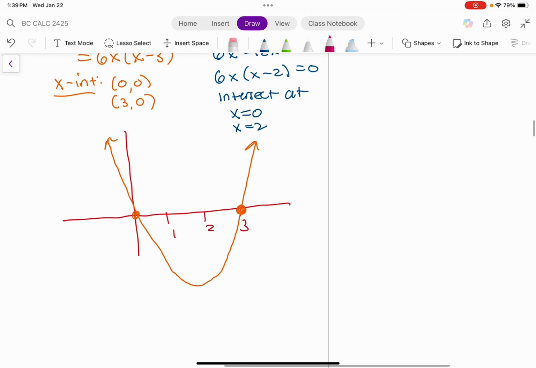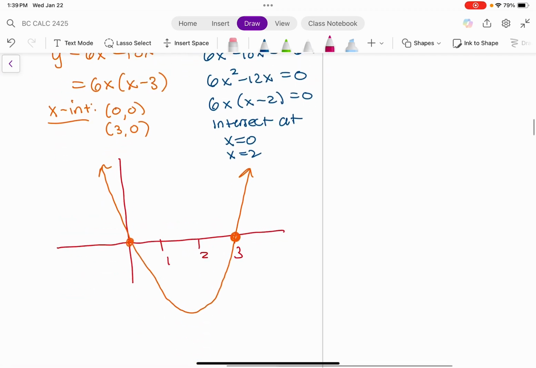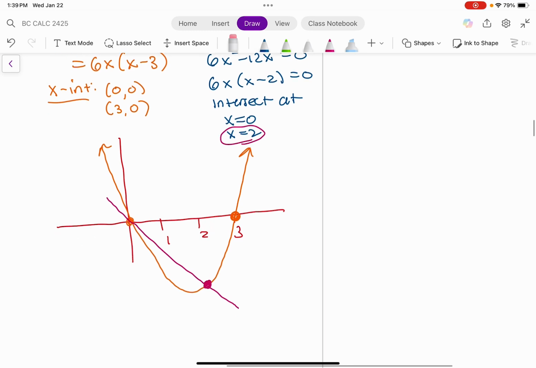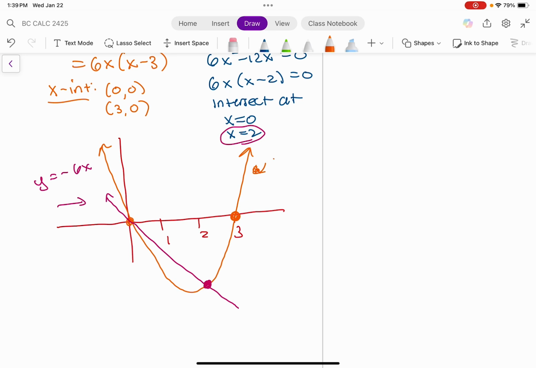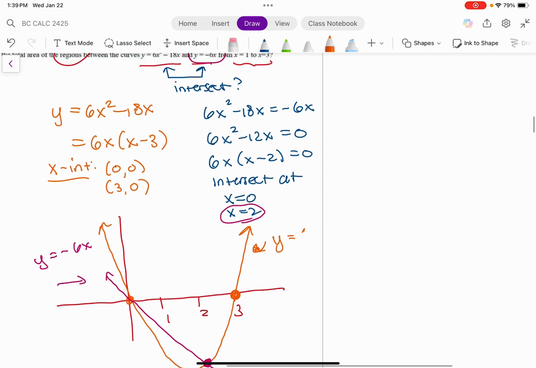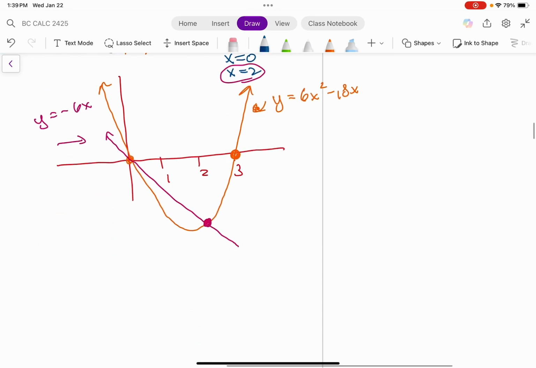It's just a line with a slope of negative 6 going through the origin, and it's going to have to intersect this graph at 2, so let's make that happen. This is y equals negative 6x, and this is 6x squared minus 18x.